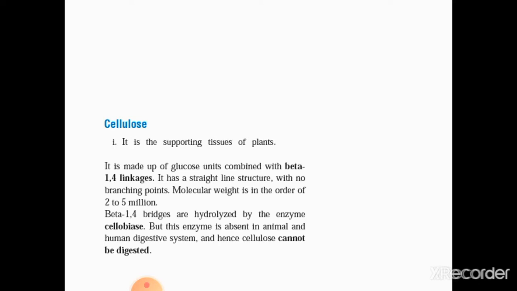It has a straight line structure with no branching points, and beta 1,4 bridges are hydrolyzed by the enzyme cellobiase. Cellobiase is the enzyme which hydrolyzes the 1,4 linkages, and it is not present in humans or animals. Human digestive enzymes do not contain cellobiase. That is the reason why it is not digested in our body.